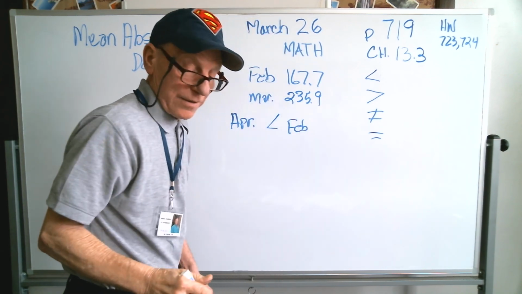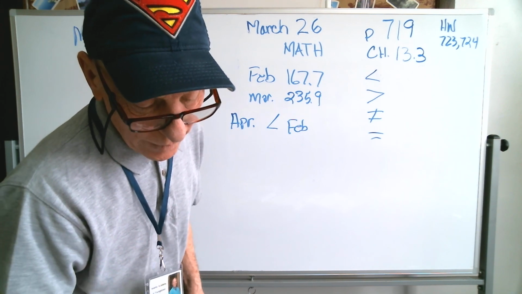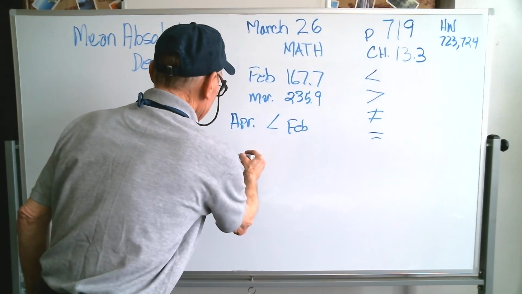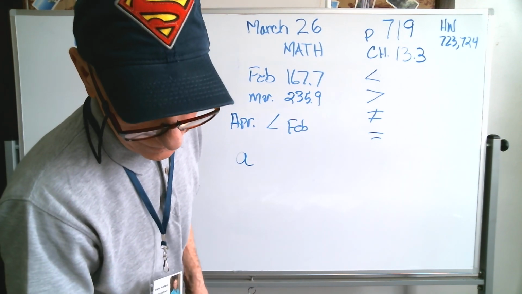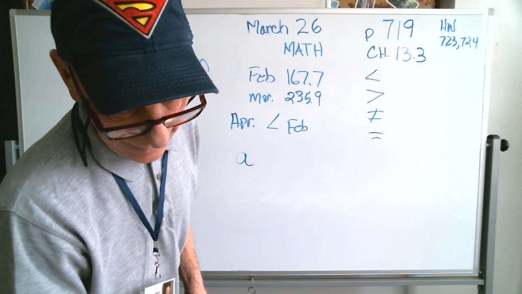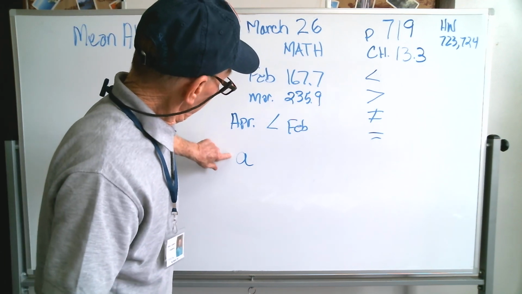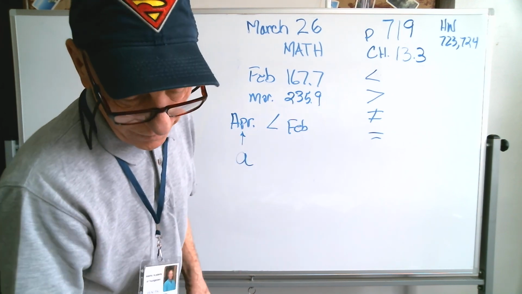All right, let's see how this plays out here. Use A to represent a mean, so let's go A. There's our A. This is representative of the mean deviation for April.